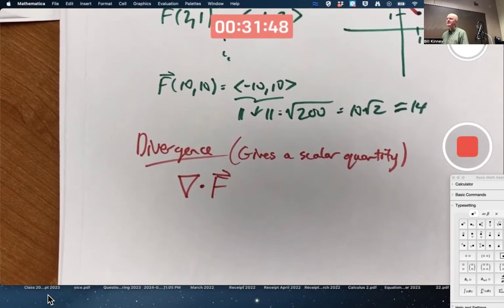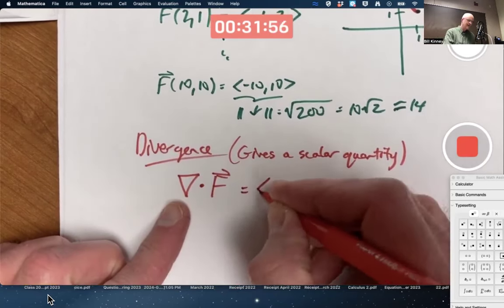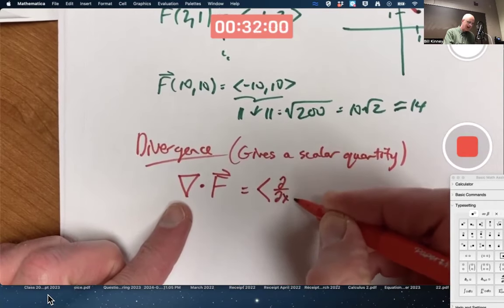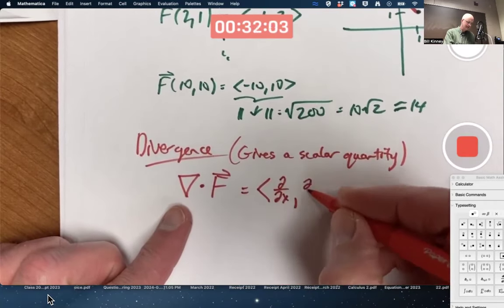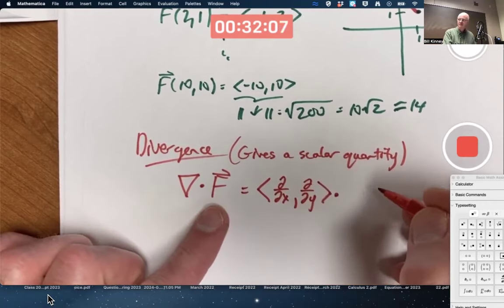This kind of derivative of a vector field is thought of as a dot product, where the del is a vector of operators, and the F is your vector field.